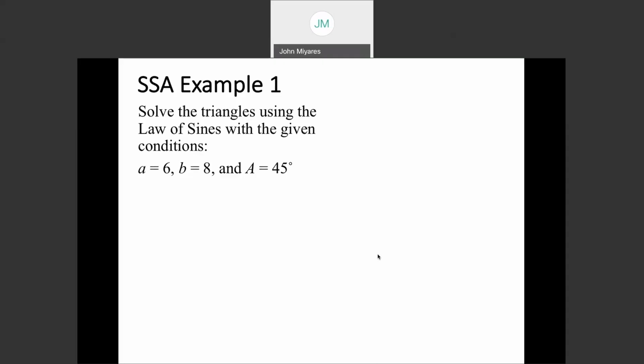The first thing we'll need to do is apply the law of sines by saying that the sine of angle A over side A equals the sine of angle B over side B. With our givens, that's going to look like what you see here. Sine of 45 degrees over 6 equals the sine of angle B over 8. Cross multiplying, we're going to get 6 times the sine of angle B equals 8 times the sine of 45 degrees.